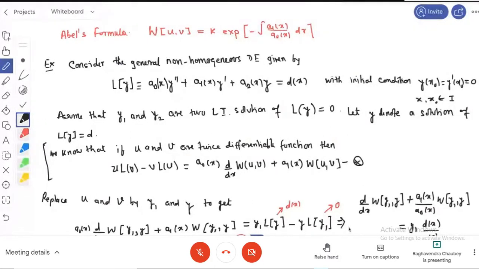So this form is reduced into this form, and look here: this is the first order linear differential equation for the Wronskian of y1, y.